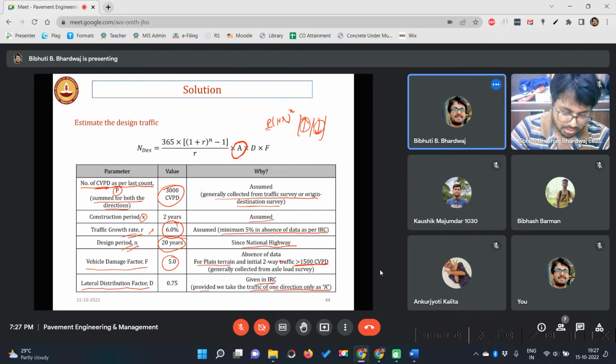Now this 3000 CVPD is summed for both the directions, but we know that for a divided carriageway, A should be taken for only one way, right? So in this case we need to divide it by 2 at the later stage.